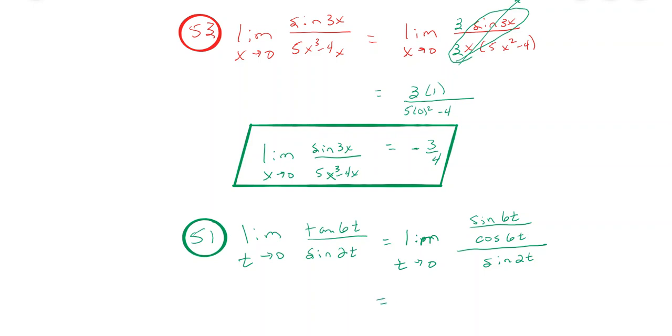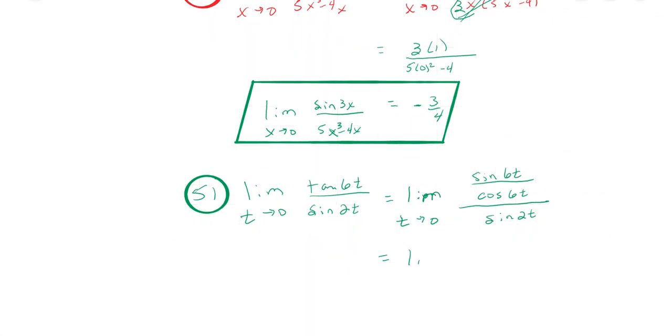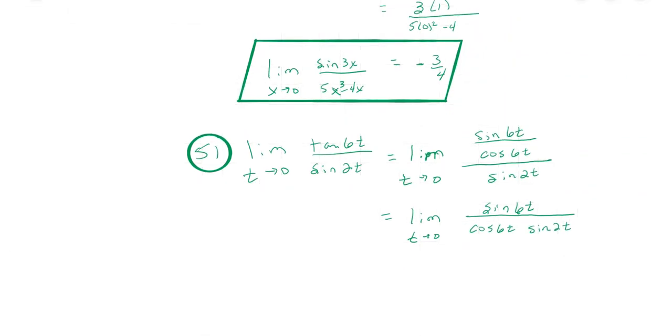Okay. So you would have the limit as t goes to 0. And to divide by sine of 2t is the same thing as multiplying by the reciprocal. Or you could just drop the other denominator down. Some people think of it that way. So you would have cosine of 6t comes down here with the sine of 2t. Everybody's okay so far? All right.